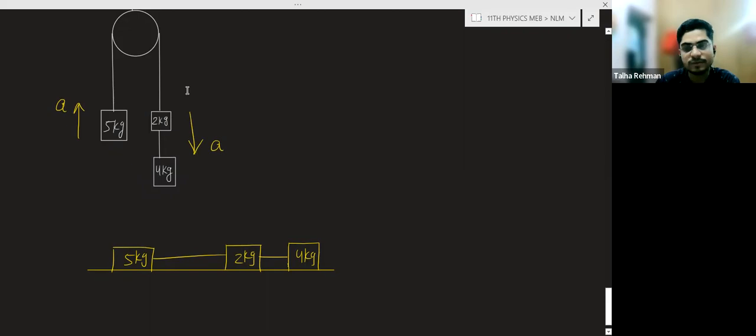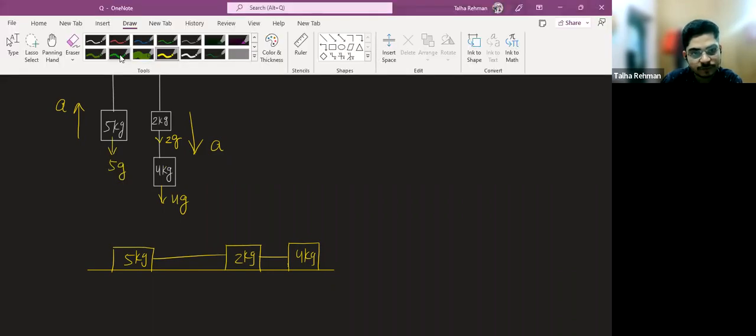So the net force will be in this direction; the 2 kg and 4 kg will go downward, and this 5 kg will move upward. On this 2 kg the force will be 2g, on this 4 kg the force will be 4g, and on this 5 kg the force will be 5g. So you will just show the forces.